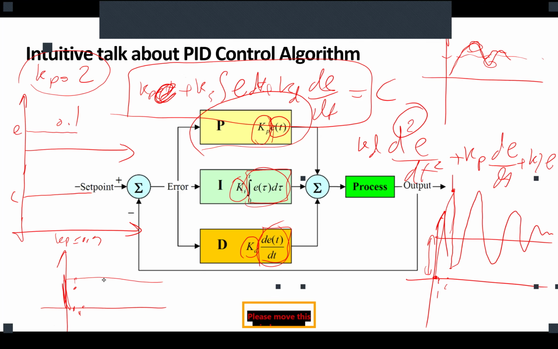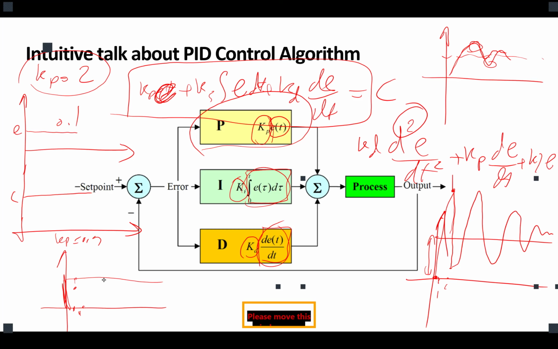By controlling the KP, we first of all control how significant the overshoot and undershoot could be. But most importantly, if we have a higher KP, the algorithm reaches the set point faster than when we have a lower KP.